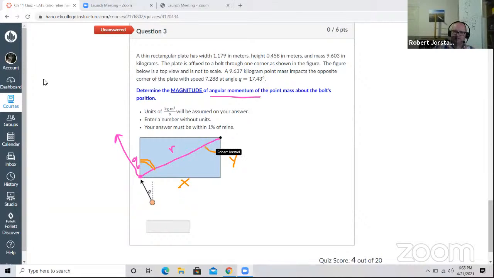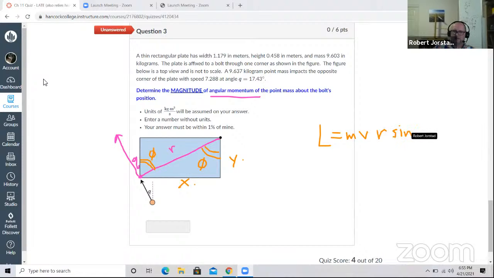Do you agree that this is also the same angle? Yes. I'll just call that phi for right now. So if you know the angle phi, phi is going to relate to tan inverse, I think, of x over y in this problem. You could actually just get the angular momentum by doing m v r sine of some angle.